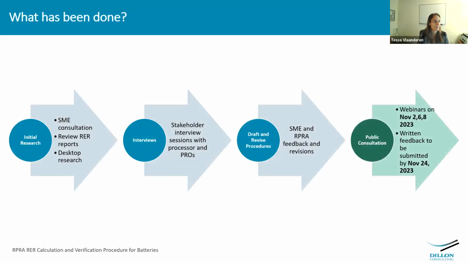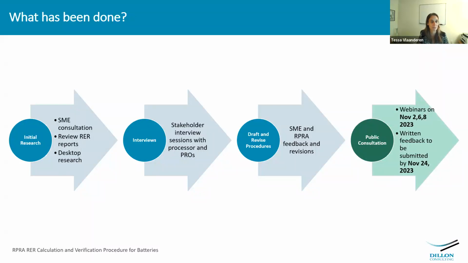So as Jonathan already mentioned, we started the development early this year. We did background research. We reviewed all the submitted verification reports. We engaged with subject matter experts and reviewed other relevant information sources. We had the interviews with PROs and processors. We drafted procedures working with our subject matter experts and with RPRA to present to you today the draft procedures that we have.